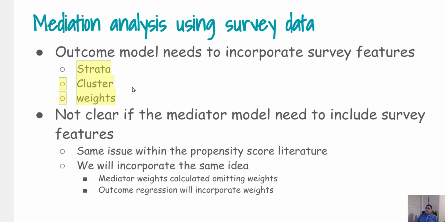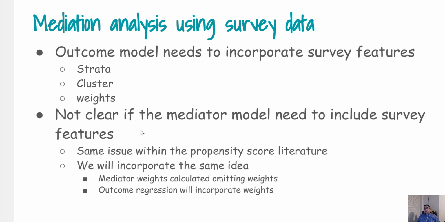But it is not clear, because similar to our propensity score model, we have two parts of our model. One part is the outcome model that happens at the last step, and one part is the mediation model that happens somewhere in the middle of the mediation step. And it is not really clear whether we need to include these survey features in the mediator model, right? So this is an issue that is not really clearly investigated in the literature.